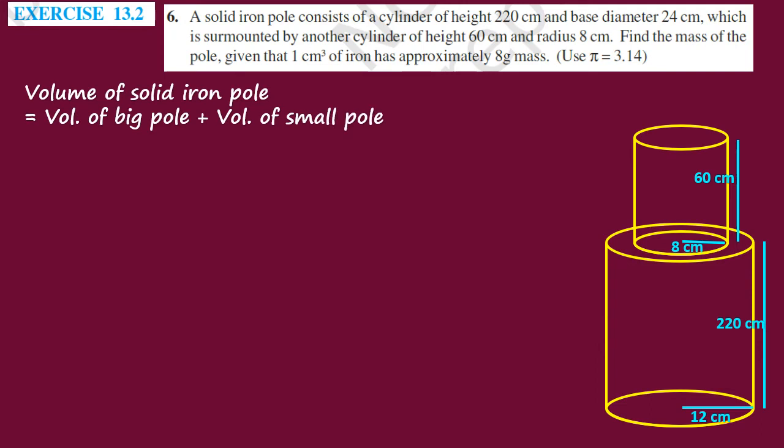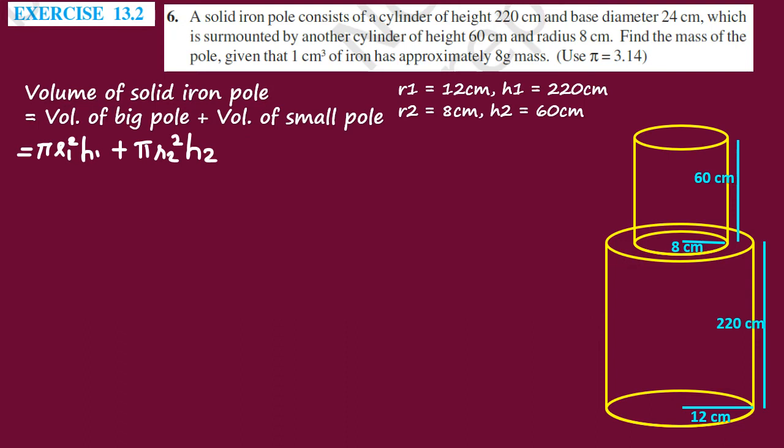So volume of the solid iron ball equal to volume of big ball plus volume of small ball. So let R1 and H1 be the radius and height of the big ball, whereas R2 and H2 are the radius and height of the small ball. So the volume of the solid iron ball equal to pi r1 square h1 plus pi r2 square h2.